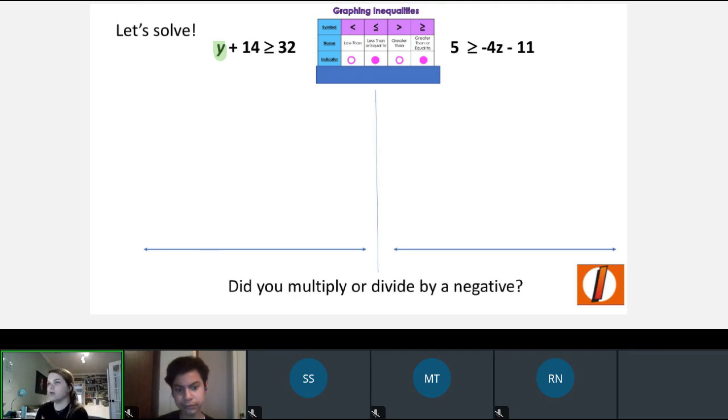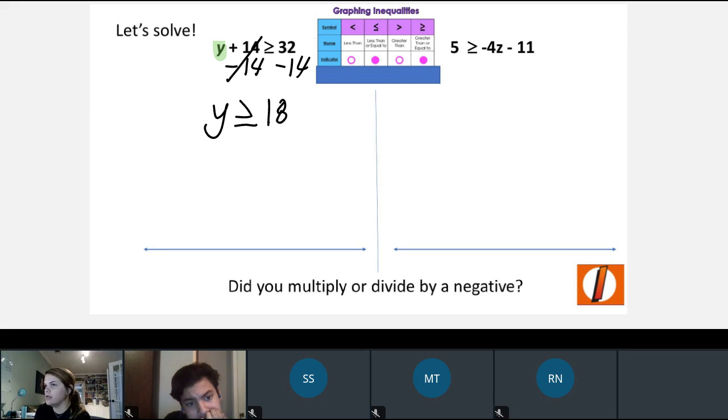So what's happening to y? It's getting 14 added to it. So to undo adding 14, I'm going to subtract 14 from both sides. 14 minus 14 becomes 0, so I get y is greater than or equal to 18.